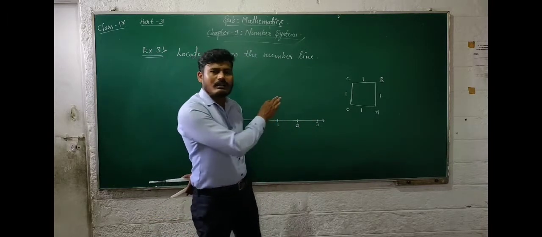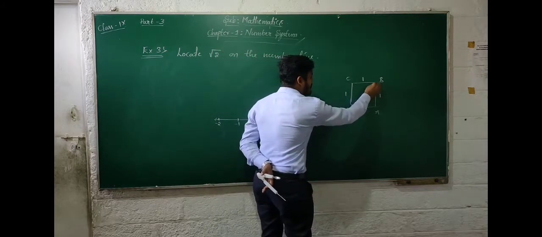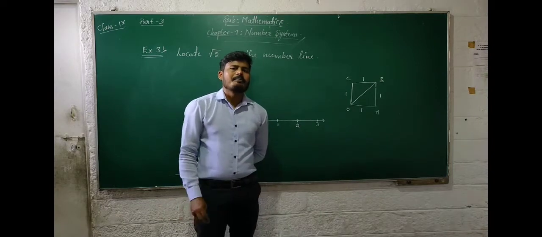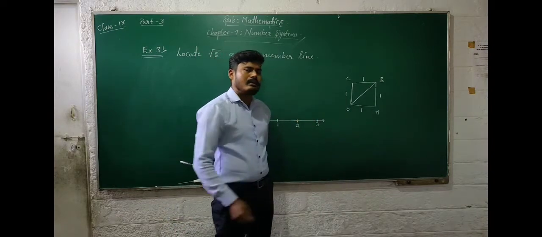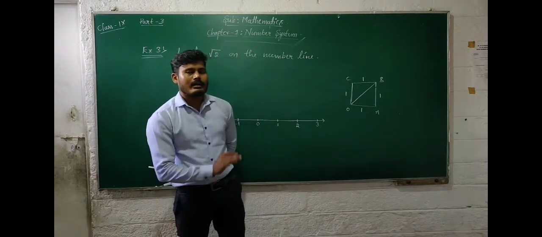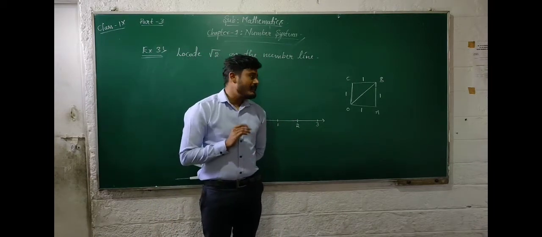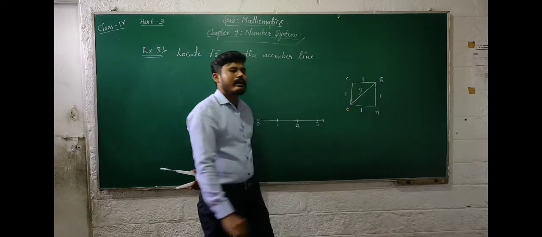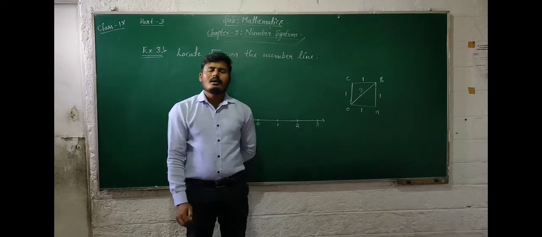Consider a diagonal on the square OABC, because we know that in a square there are two diagonals. So consider any diagonal. For example, here I consider OB as its diagonal. Then what is the length of its diagonal?